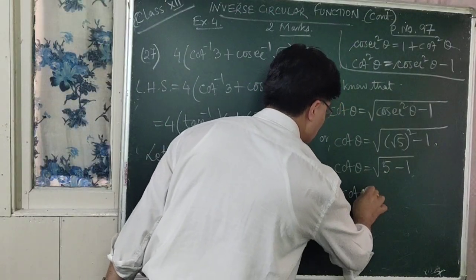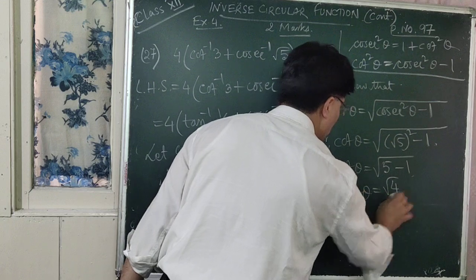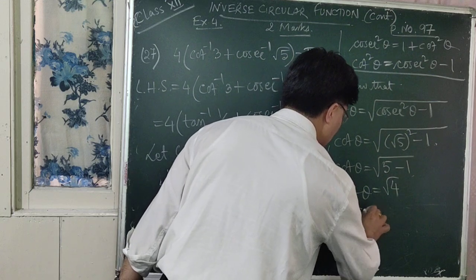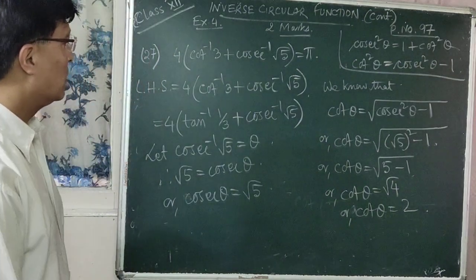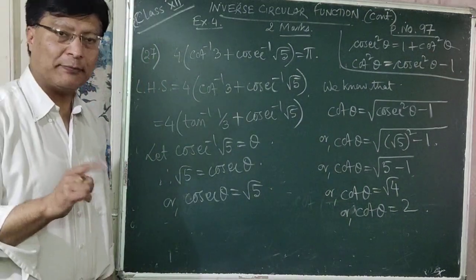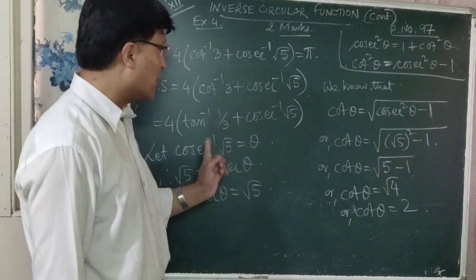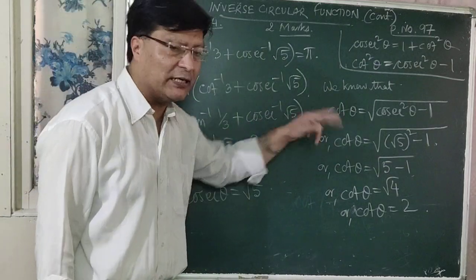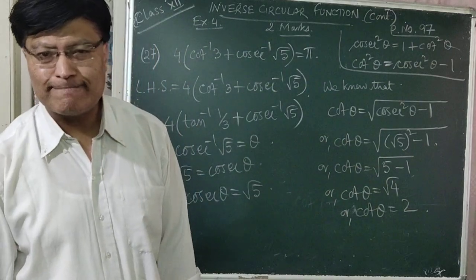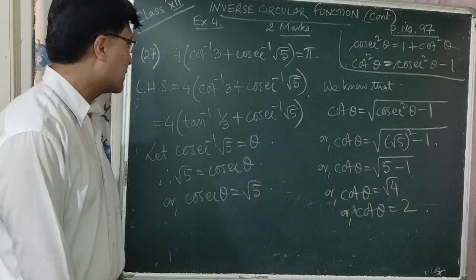Or cot theta is equal to root 4, that means cot theta is equal to 2. But you have to find out the value for tan theta, because we are converting this cosec inverse root 5 into tan inverse. Is that clear now?